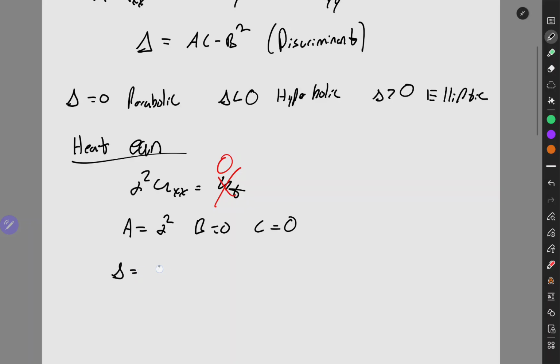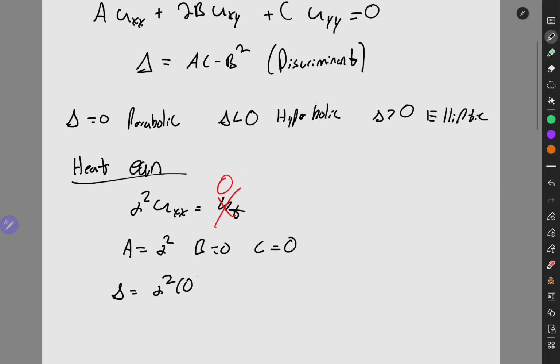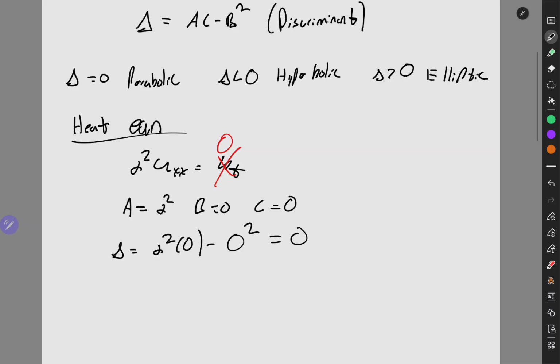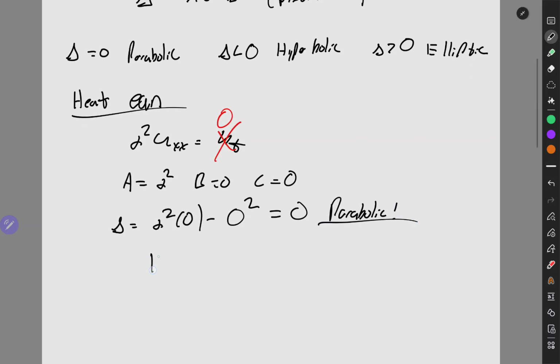So our discriminant is alpha squared times 0 minus 0 squared, which is equal to 0. So our solution is parabolic. So the heat equation is parabolic.